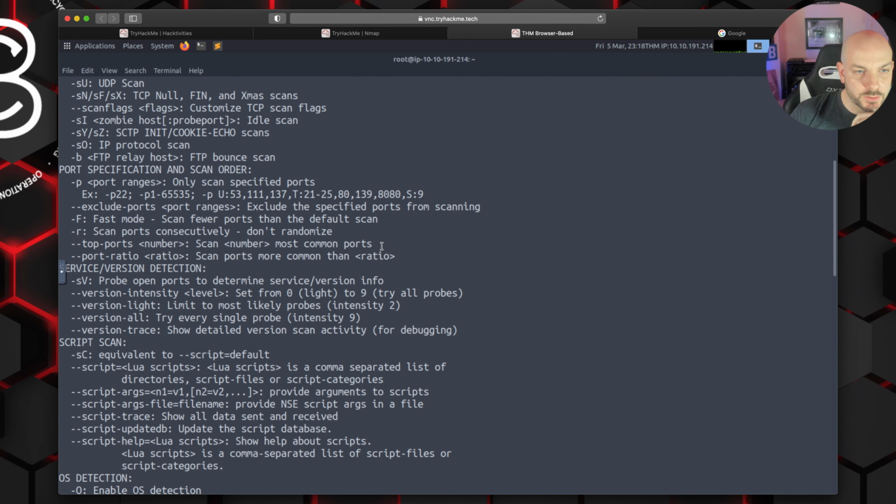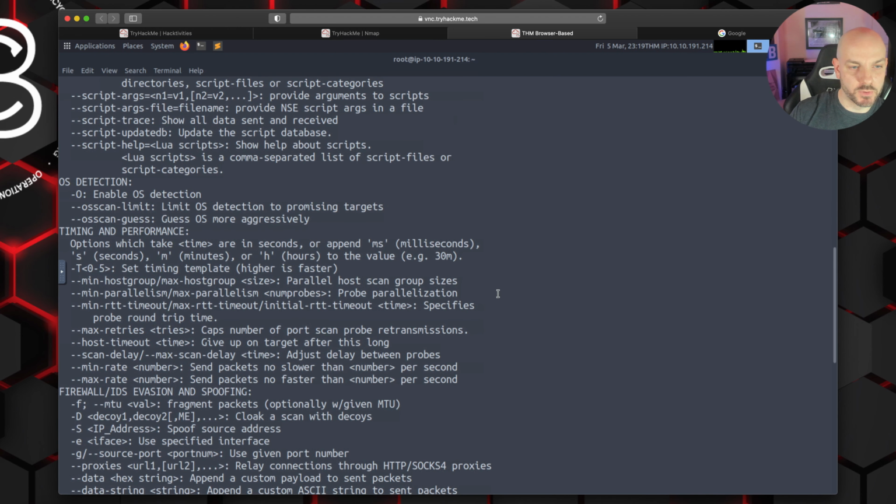Might have to Google this one. I mean, it would seem that if you don't specify the ports, it would scan all ports, but maybe I'm wrong with that.